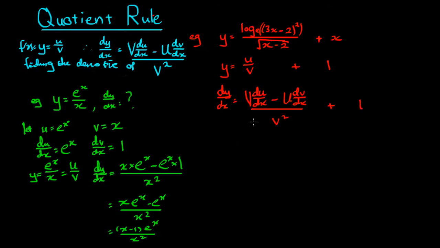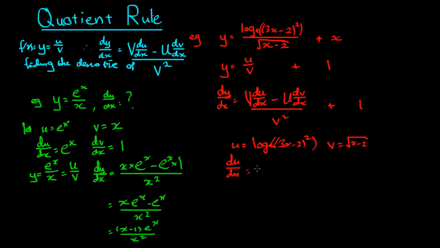So let's say we want to find what v is, what u is, what du dx is, and what dv dx is. U is equal to log e of 3x take 2 all squared, and v is equal to the square root of x take 2.